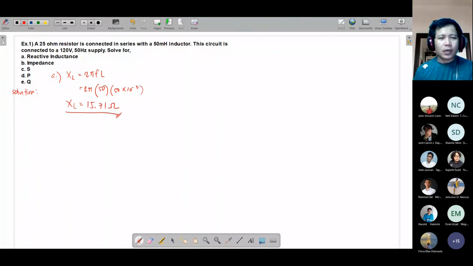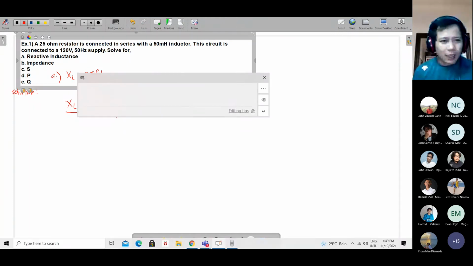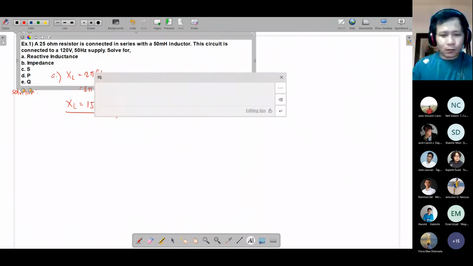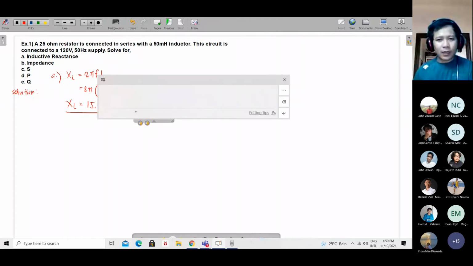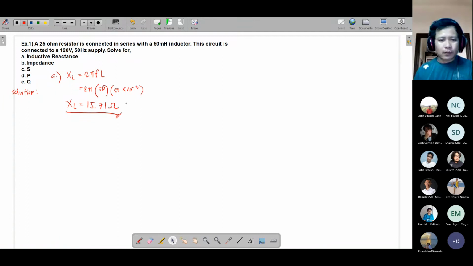You have here your inductive reactance XL.